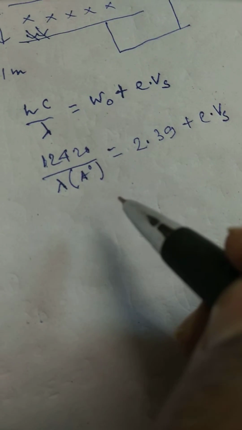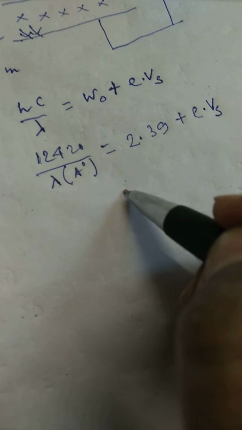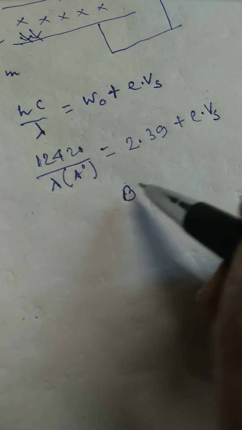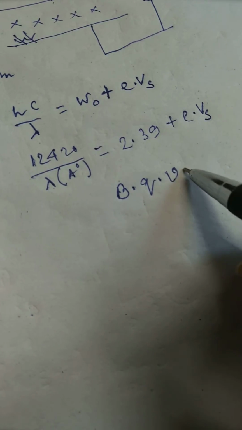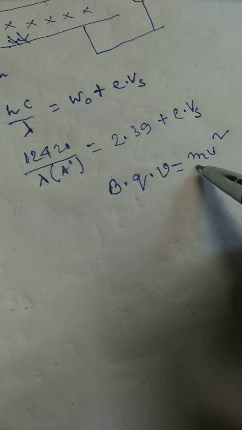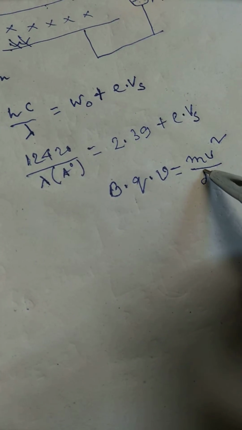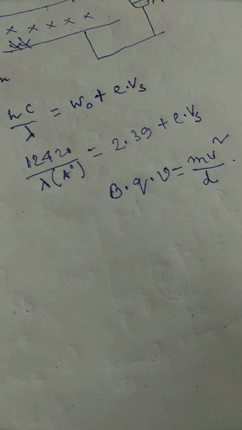So now from magnetic effect, I had the knowledge that BQV was equal to mv square by r. Look, here r is d, right?